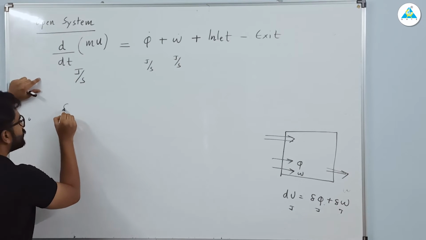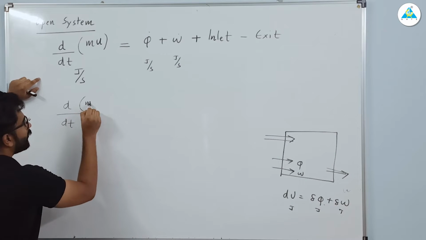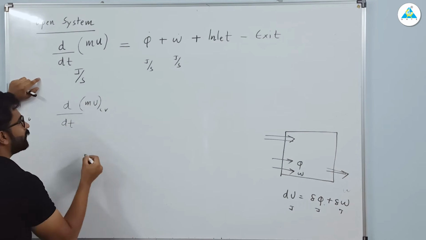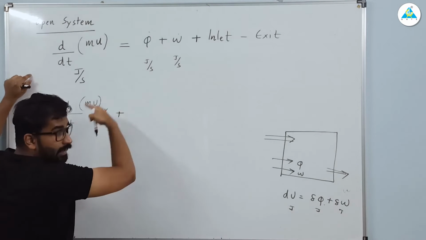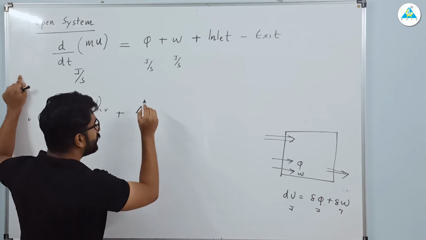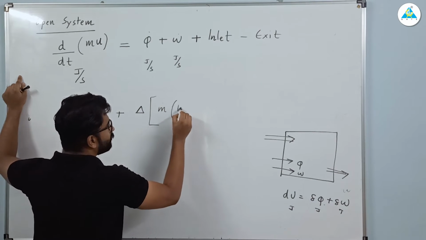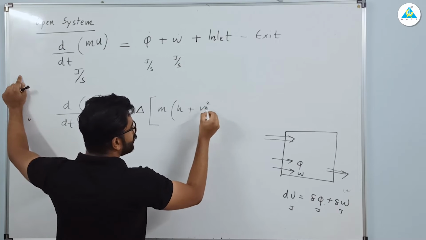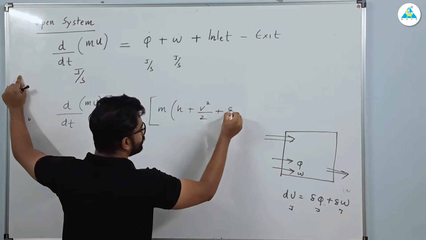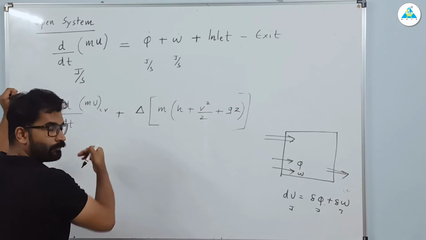So I am going to write this one again, d by dt of m into u of the control volume plus exit minus inlet, I am writing it as del, that is outlet minus inlet, right? Del into mass flow rate multiplied by h plus v square by 2 plus g z is equal to what?